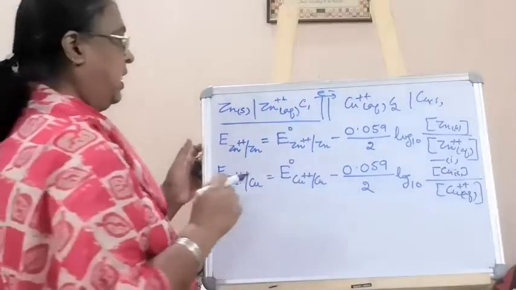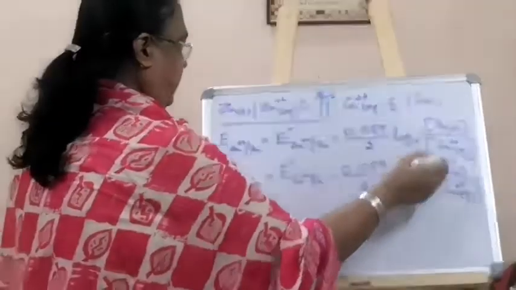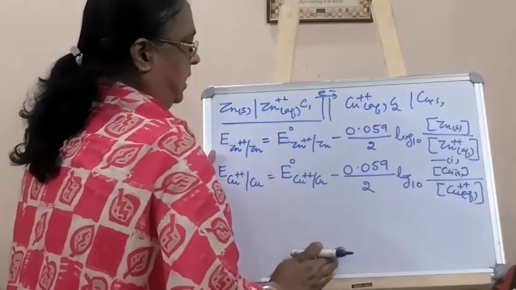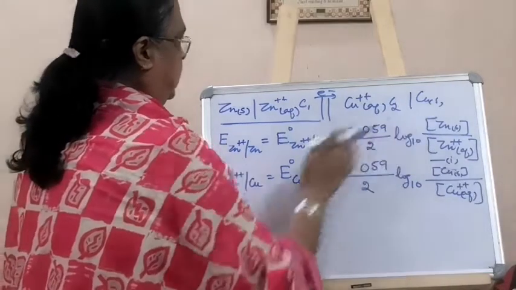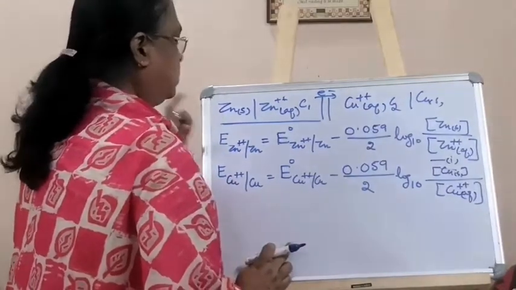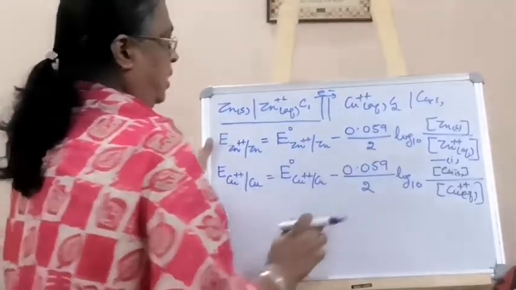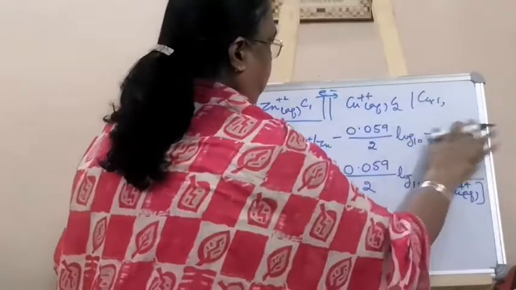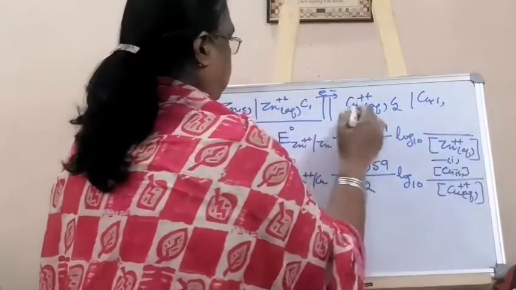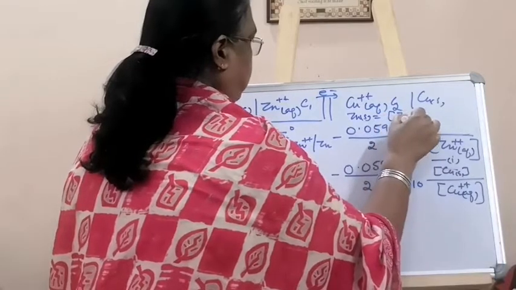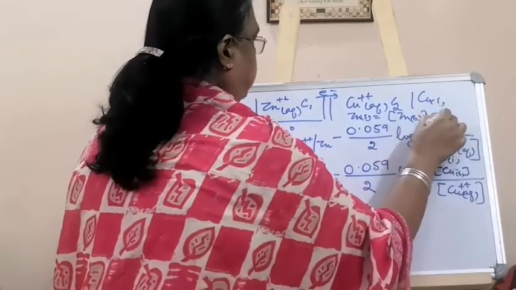Now students, here I will put in the values for zinc solid and zinc ion aqueous. Since zinc is solid, its concentration is taken to be unity, so the concentration of zinc solid is equal to 1.